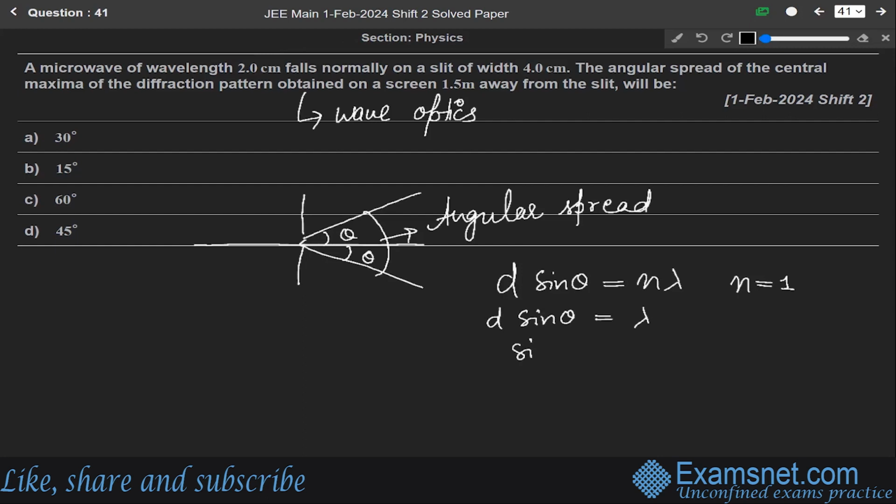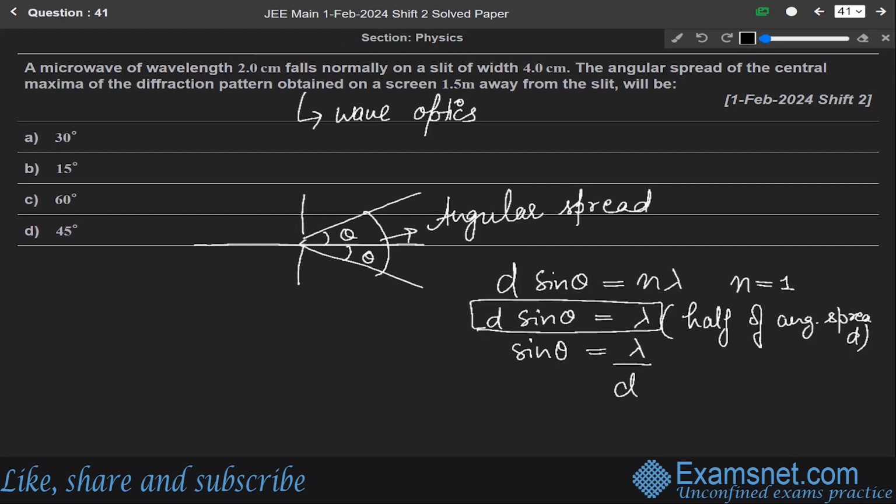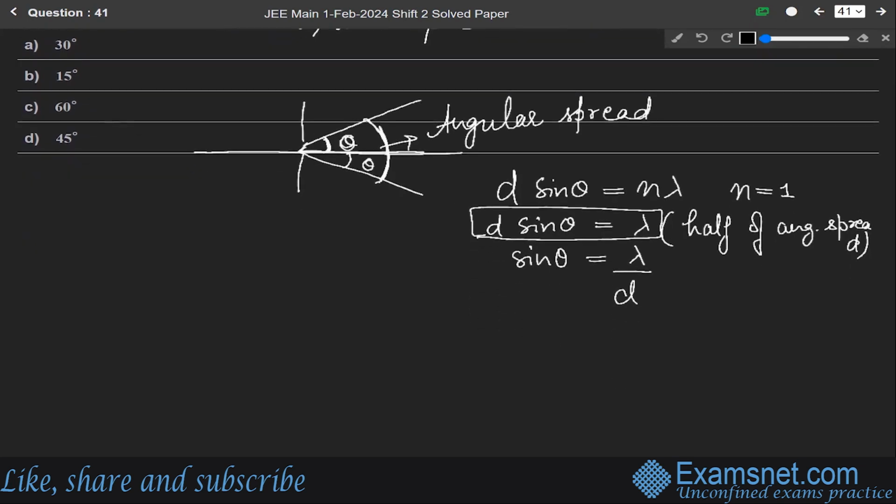So sine theta will be equal to lambda over d, and this theta is half of the angular spread, since when we use this formula d sine theta equals lambda, we are talking about only this angle theta, but we have to find the whole angular spread. So for whole angular spread, we have to multiply theta by 2.